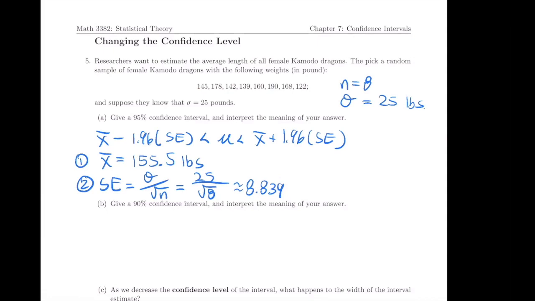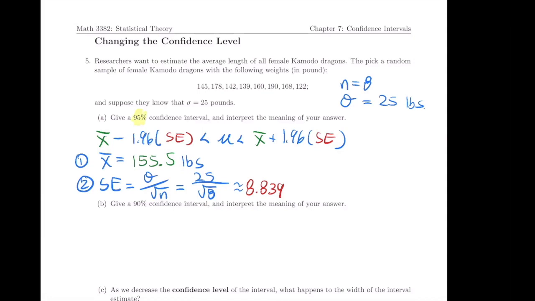So then we take this value, and this gets plugged in for the standard error over here and over here. And we use our mean, and that gets plugged in over here and over here. And the 1.96 comes from the fact that we have a 95% confidence interval.